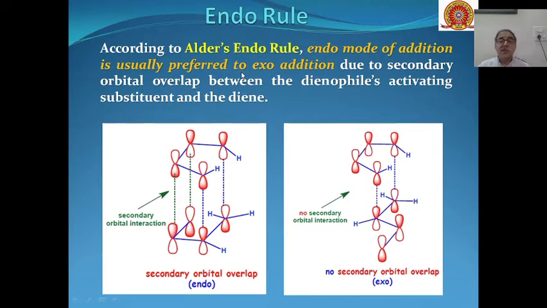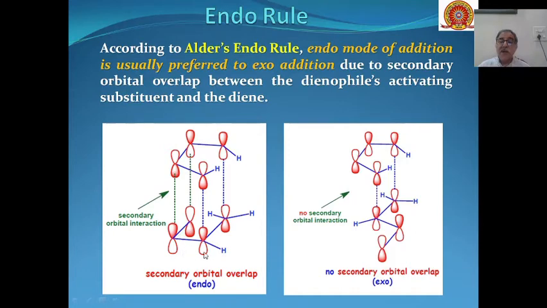Then there is an endo rule, which is called Alder's endo rule. That is, the endo mode of addition is usually preferred to exo addition due to secondary orbital overlap between the dienophile's activating substituent and the diene. If you see this, this is the endo approach. In the endo approach, these are the two molecular orbitals of the dienophile, and these are the two additional molecular orbitals of the substituent, that was carbonyl, right?